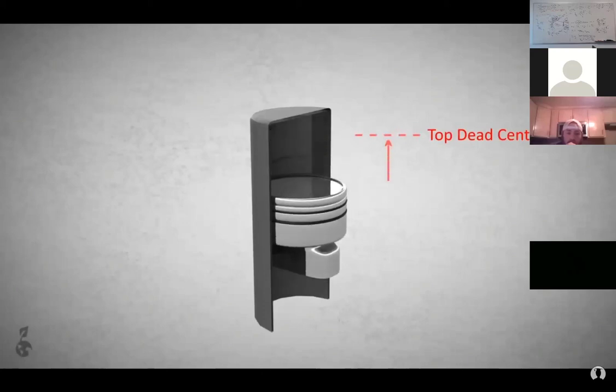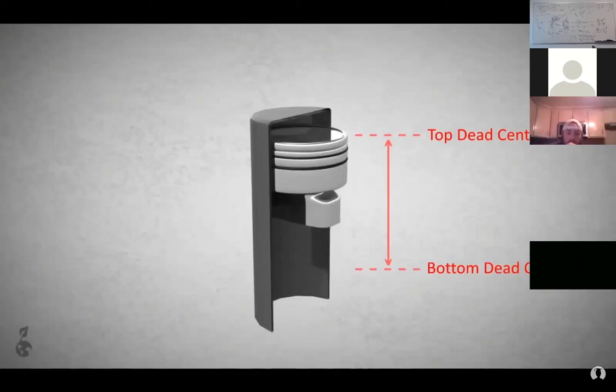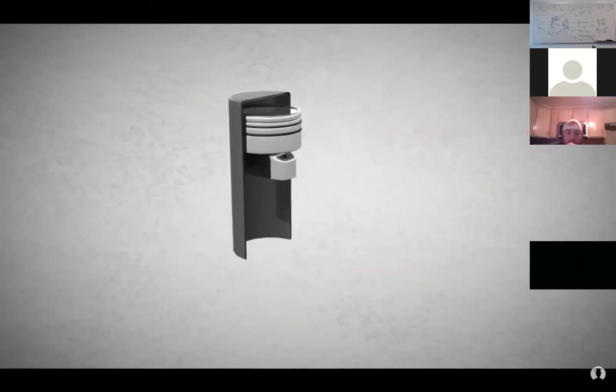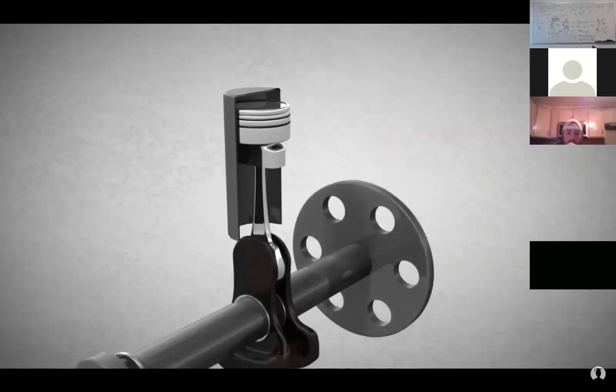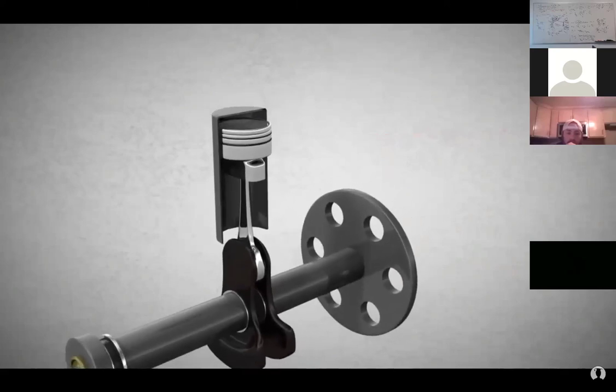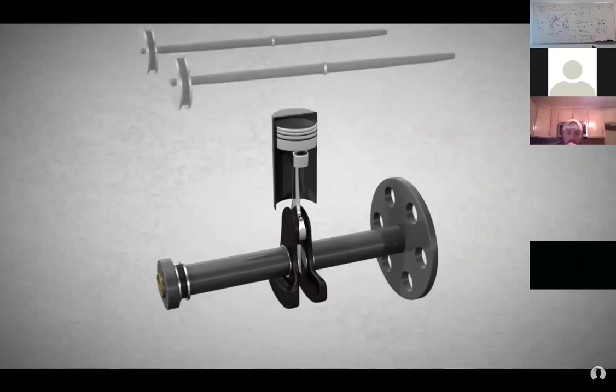The highest point the piston can reach is called top dead center. The lowest point it can reach is called bottom dead center. The volume between both points is called engine displacement. The piston is connected to the crankshaft through the connecting rod. The crankshaft transmits the rotational movement to the gearbox and consequently drives the wheels of a car or motorcycle.